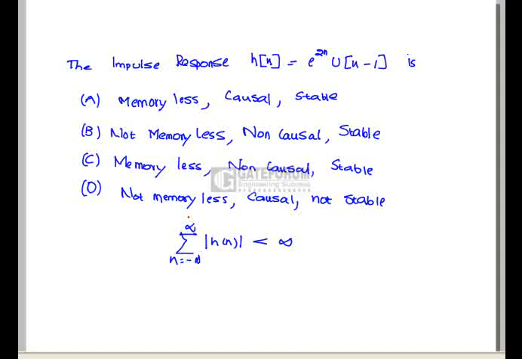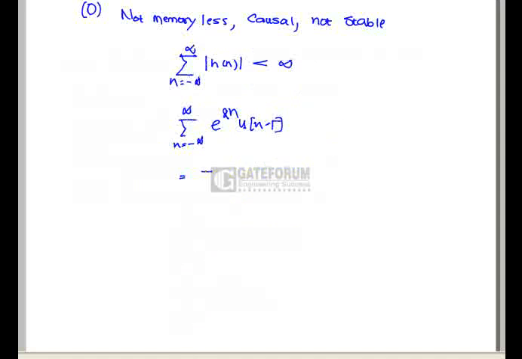Here if we substitute, the sum from n = -infinity to infinity of e^(2n) u[n-1] becomes the sum from n = 1 to infinity of e^(2n).